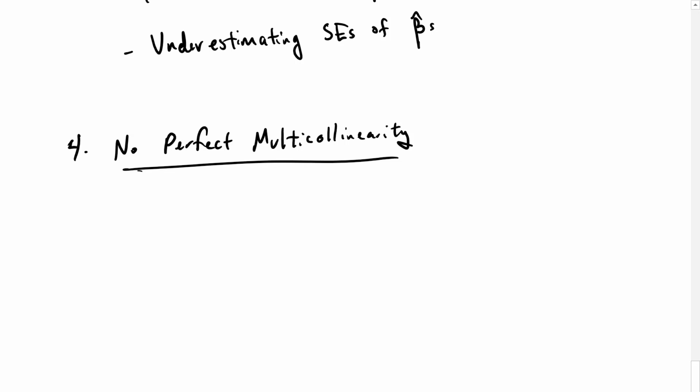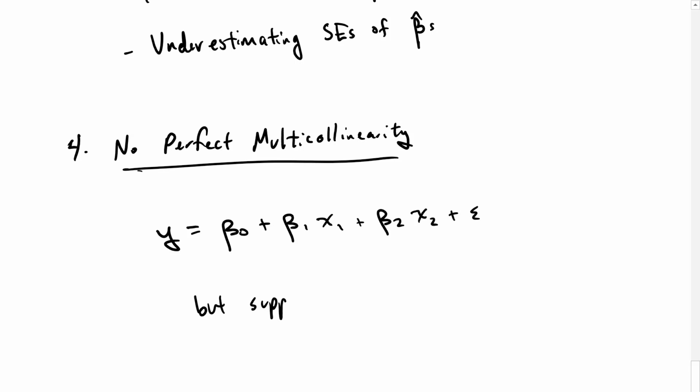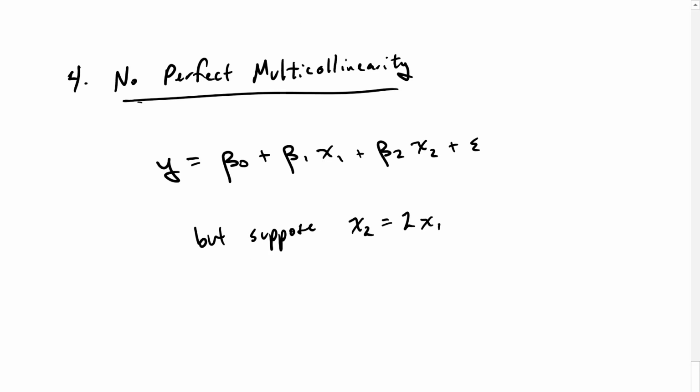And so just to give another example of that here, if y was equal to beta 0 plus beta 1 x1 plus beta 2 x2 plus the error, but suppose that x2 is a linear combination of x1. It's just 2 times x1.